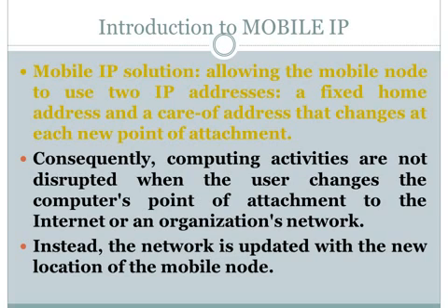But another address, called the care of address, will be changing from one foreign network to another. Because I have one home network, there can be many foreign networks. When my mobile node moves to one foreign network, it will have one care of address. If it goes to another foreign network, it can have another care of address. So the care of address is variable, while the home address is fixed.